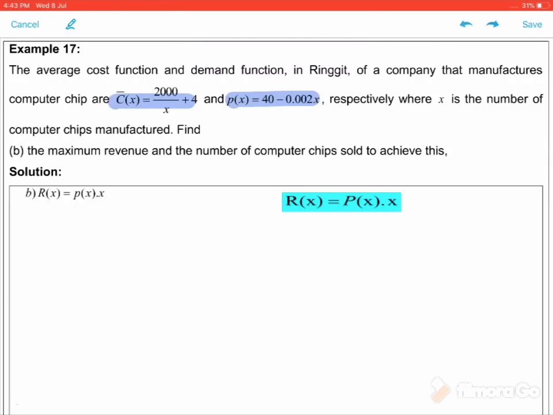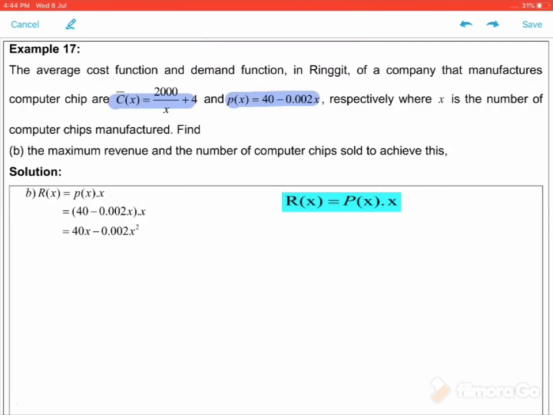Okay, let's look at the solution. p(x) is given in the question, so we just substitute the p(x) and then multiply with x. After we expand, you will get 40x minus 0.002x squared.